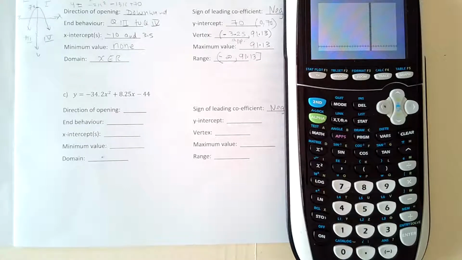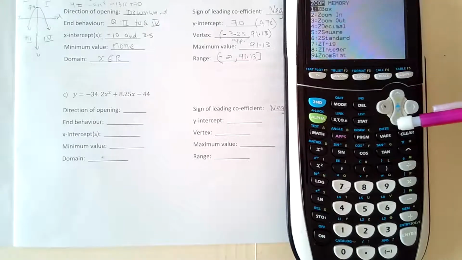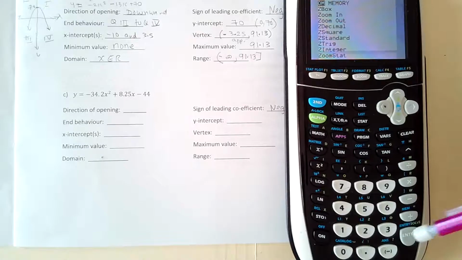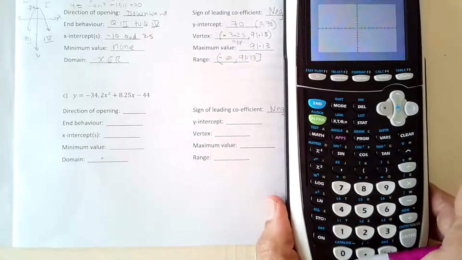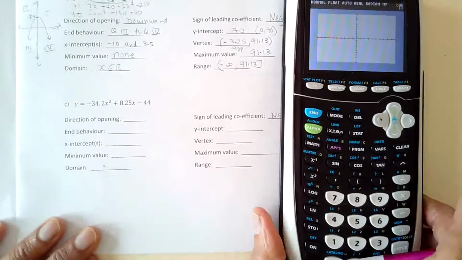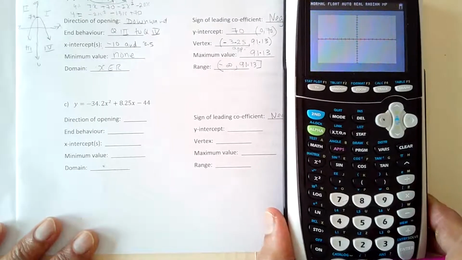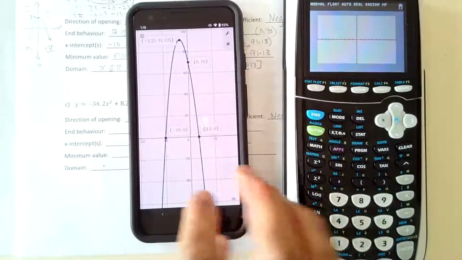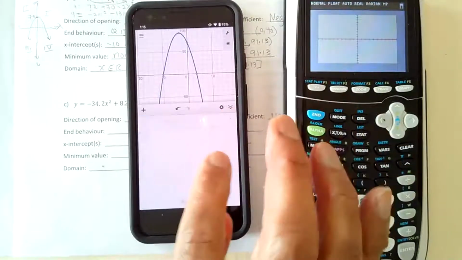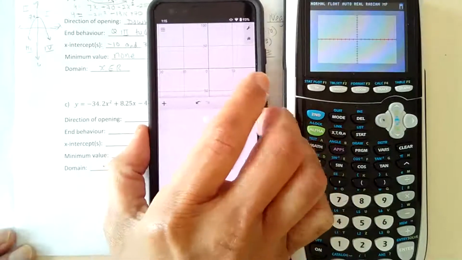Okay, press graph. Now you see nothing. Now, if I go back to my window here and I press zoom and I go to standard, notice I see nothing. Okay, and you say, hey, where's my graph? The graph is there. I'll show you Desmos, just a comparison. Now, I'm going to get rid of this graph here. I'm going to do the exact same.